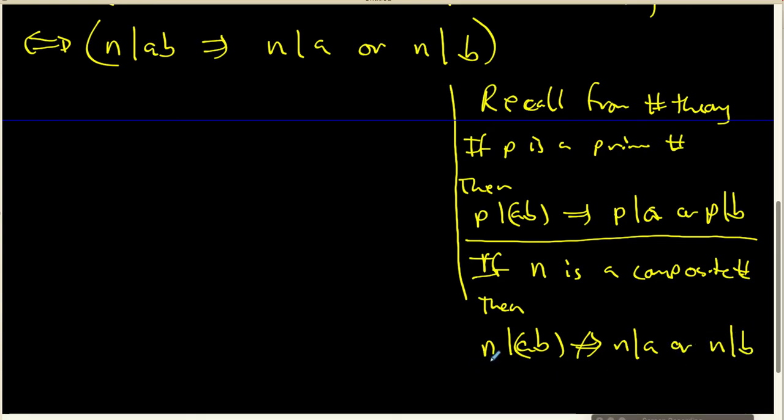Oops, I should be saying n's here, so let me get my notation consistent. And the reason why is that the prime factors of n can be split up between both a and b.